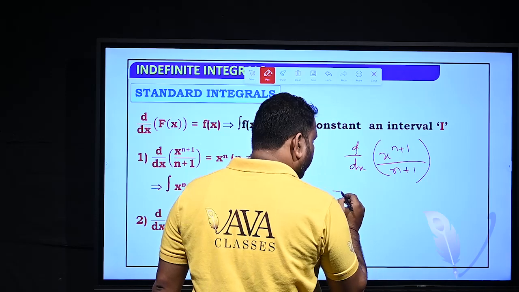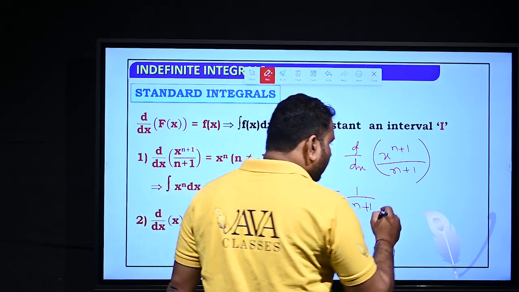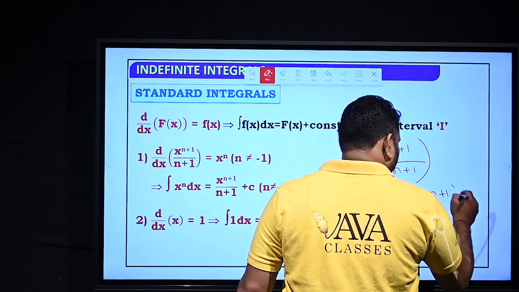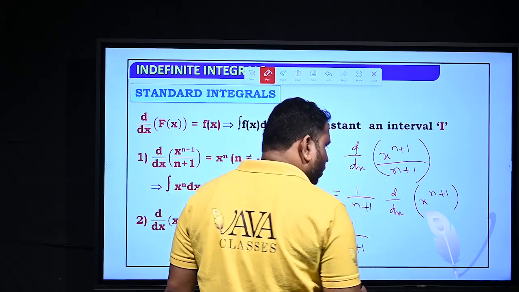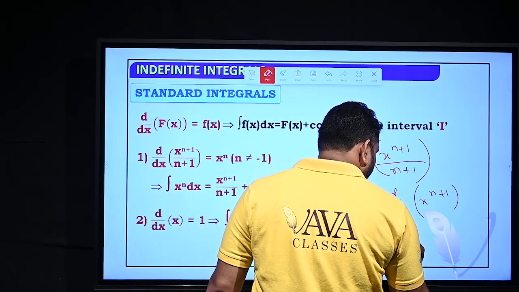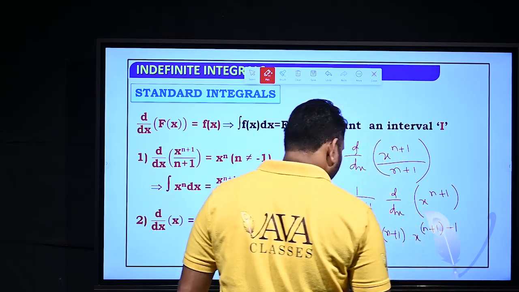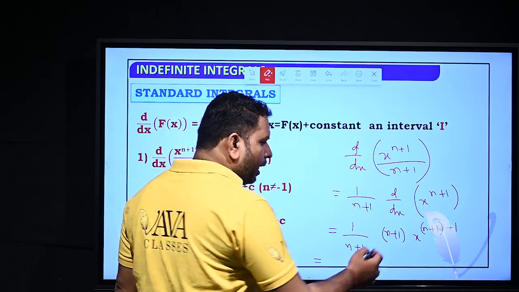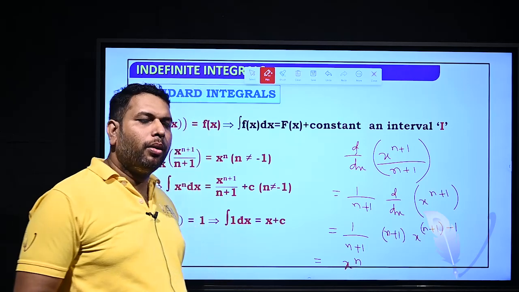Here 1/(n+1) is a constant. So d by dx of x^(n+1) equals 1/(n+1) times (n+1) x^(n+1-1). The (n+1) cancels, and x^(n+1-1) is x^n.